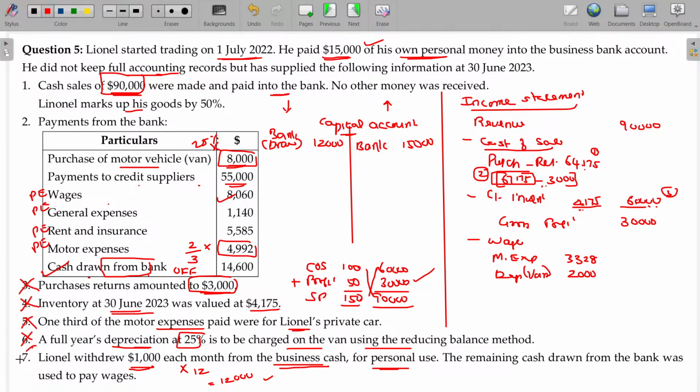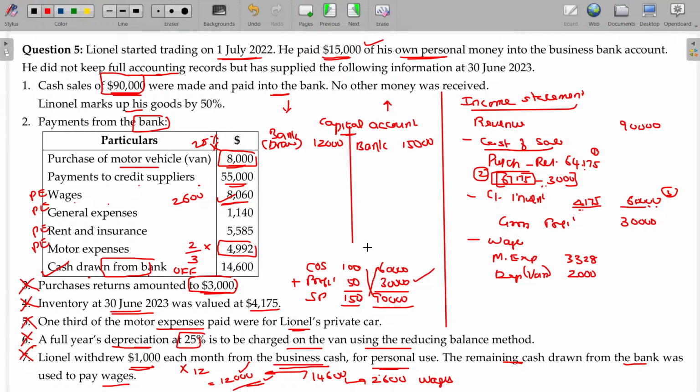The remaining cash drawn from the bank was used to pay wages. Out of 14,600, 12,000 is for the drawings and the balance 2,600 is for payment of the wages. Already there is a payment of wages, 8,060, through the bank. After withdrawing the cash, 12,000 is taken by the owner and another 2,600 is used for paying the wages.